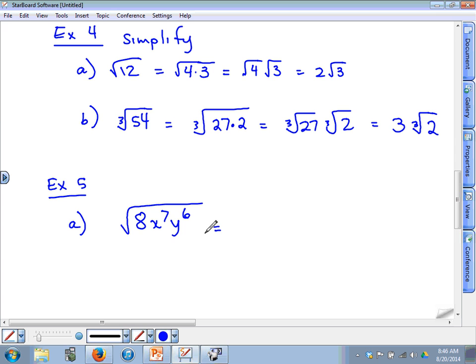I myself would recommend that you break this up similar to how we split up all of these into separate roots. So this could be the square root of 8 times the square root of x to the 7 times the square root of y to the 6. You can split this up if you want. You don't have to do it this way.